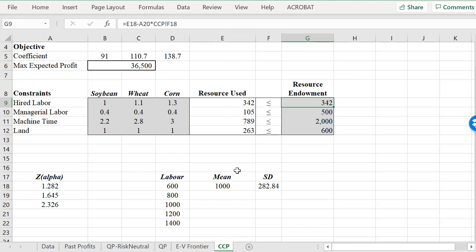This problem is already solved for this Z alpha value. Let's change this number to alpha equal to 5%. Now you can notice that this right-hand side value changed, and we can solve this problem.